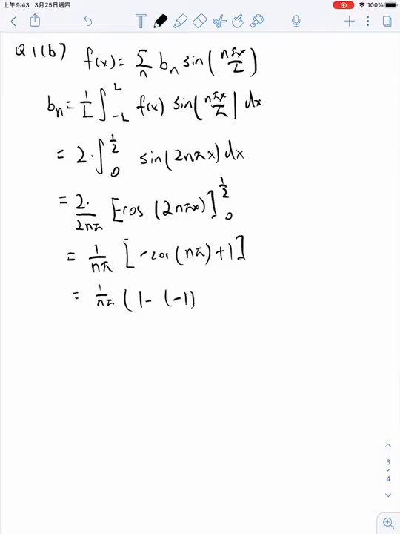And cosine n pi is equal to negative 1 to the power of n. So bn is actually equal to 2 over n pi when n is an odd number, and is 0 when n is an even number.